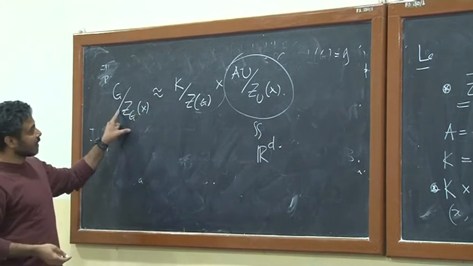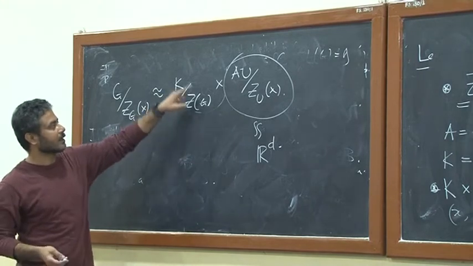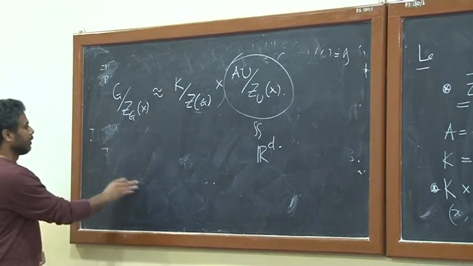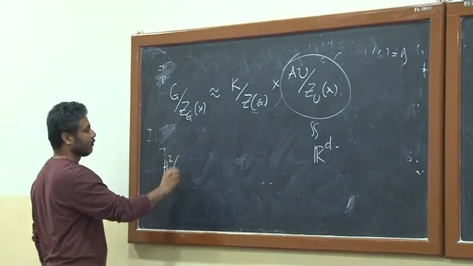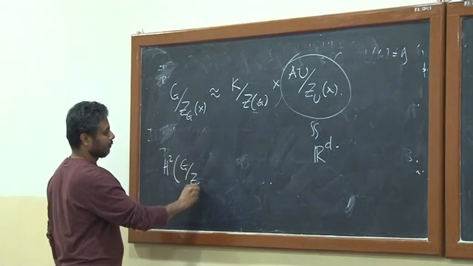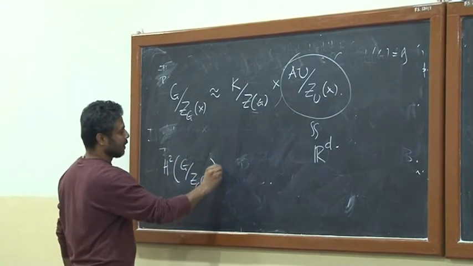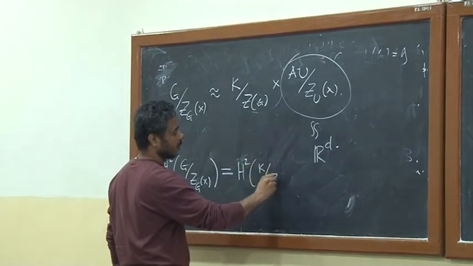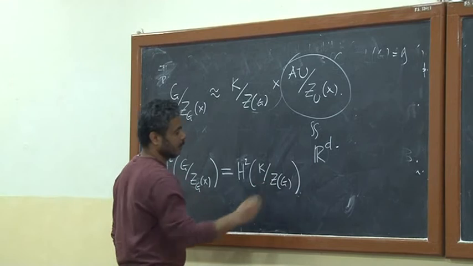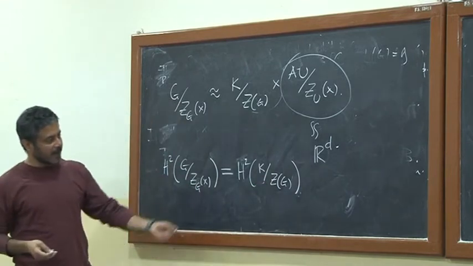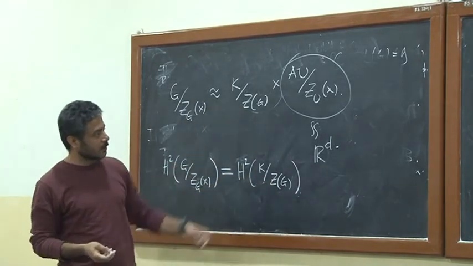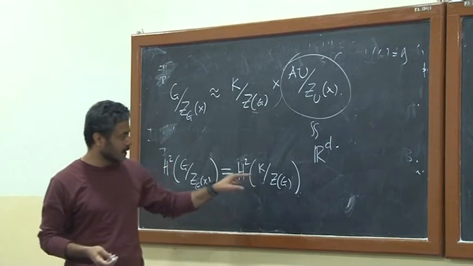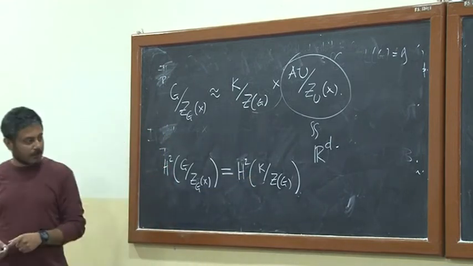So the topology of this, the homotopy type, is controlled by this. So H2 is the same as H2 of K/G. And K is a maximal compact, and my group is a complex semi-simple group. So K is a maximal compact in that complex semi-simple group.